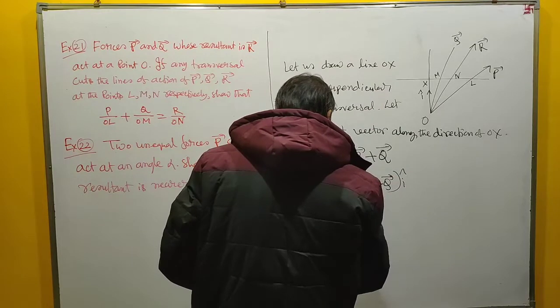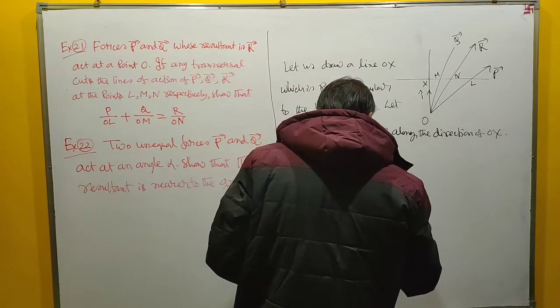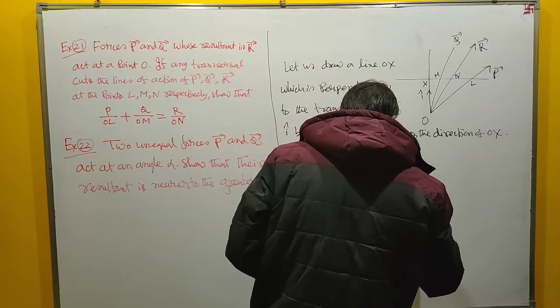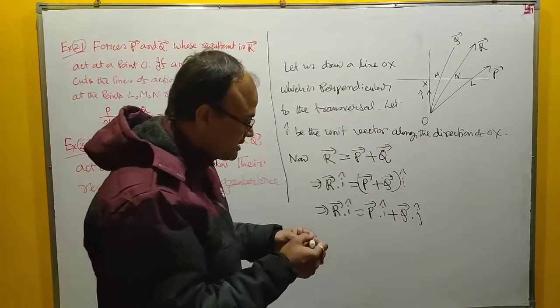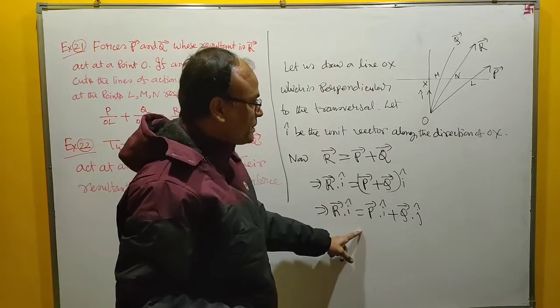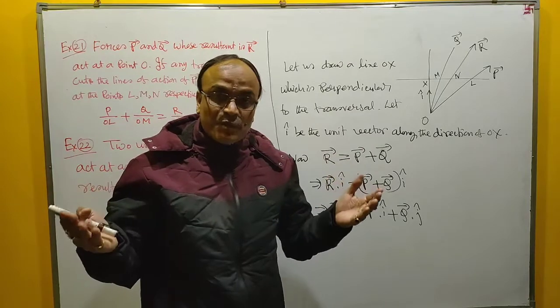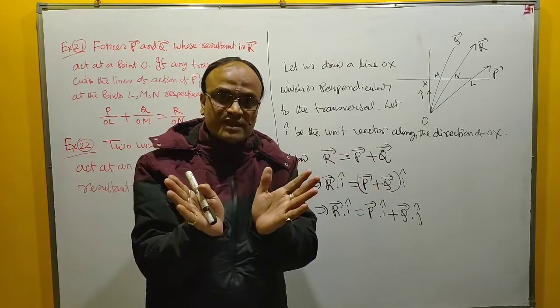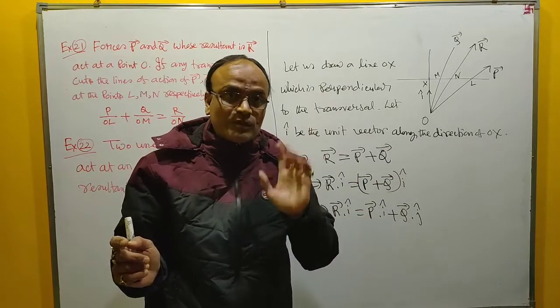This means R vector dot i cap equals P vector dot i cap plus Q vector dot i cap. Actually, what we have applied is that the sum of the resolved parts of two forces along any direction is equal to the resolved part of their resultant.